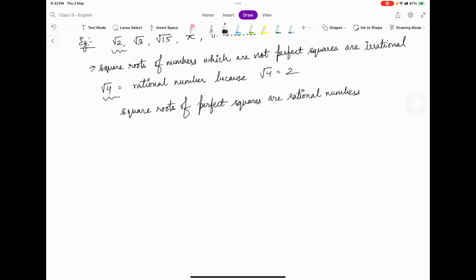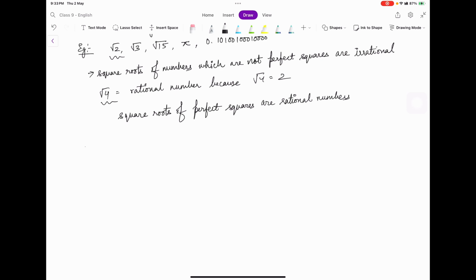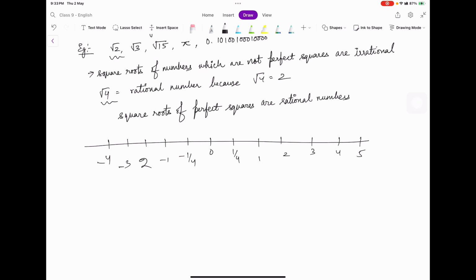Yesterday we had learned about the real number line. In the number line we depicted rational numbers and irrational numbers, everything. This number line can contain infinite numbers.